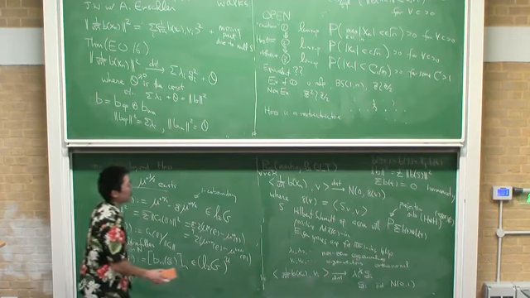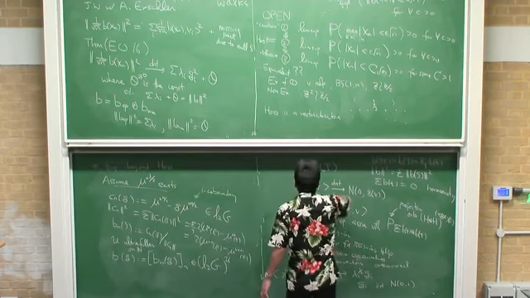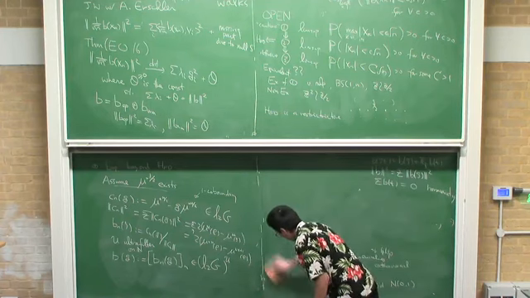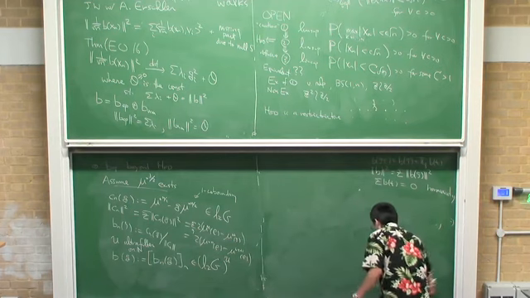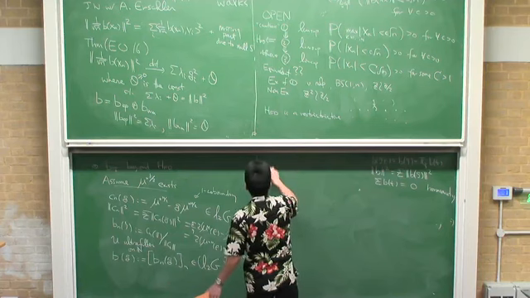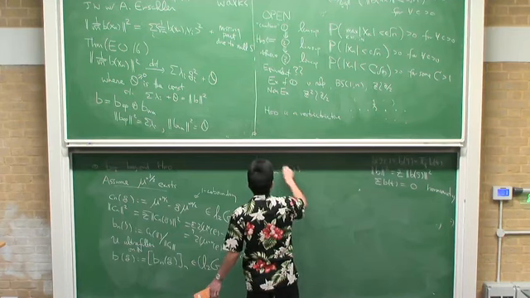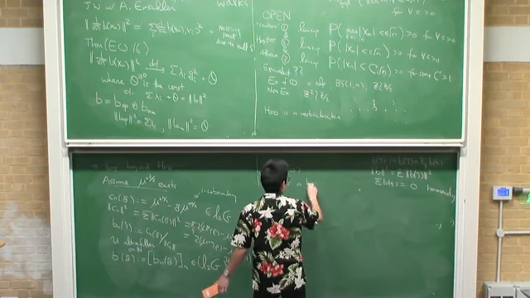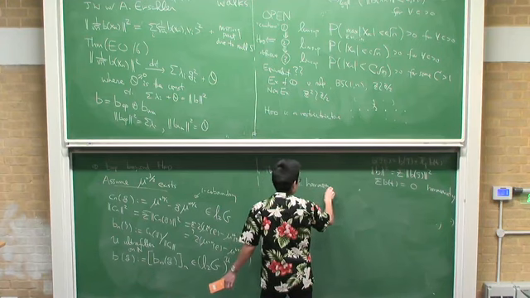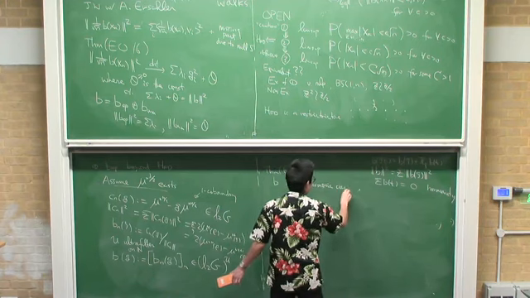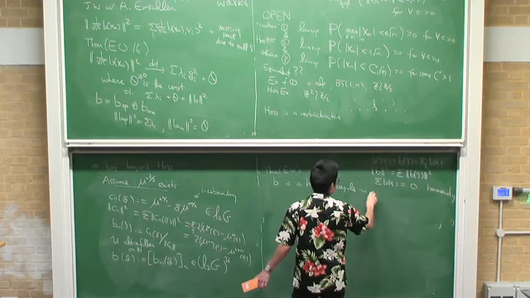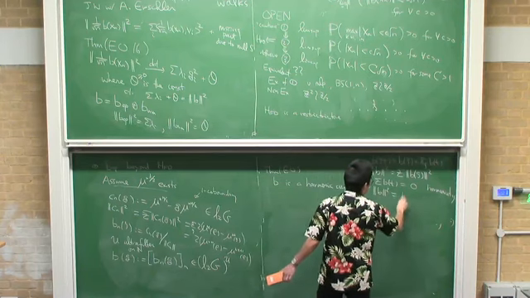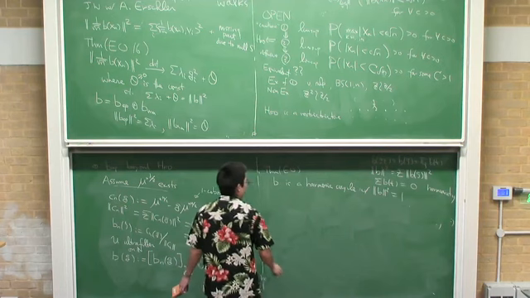The cocycle relation is stable under the ultraproduct. And one does some calculation and checks that this B is a harmonic cocycle, which is non-zero, with norm equal to 1.